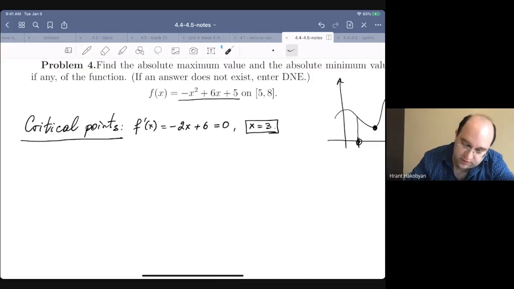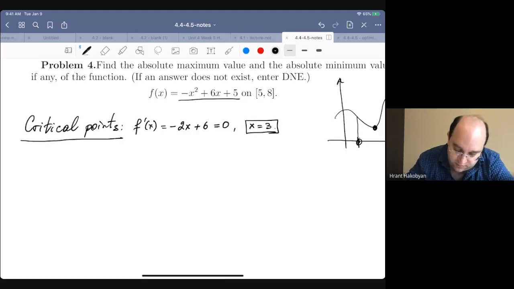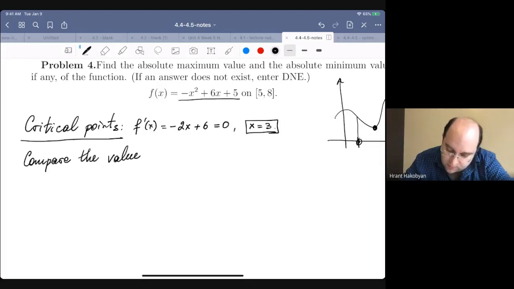But what I do next, instead, I just compare the values of f. Actually, let me just do it like this.